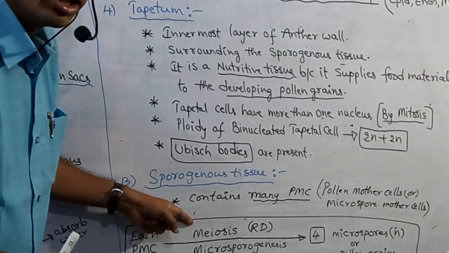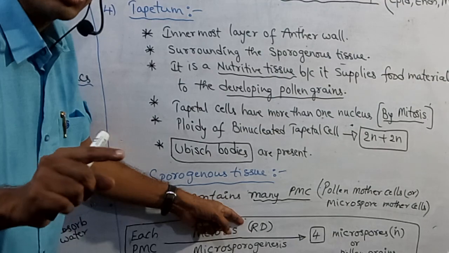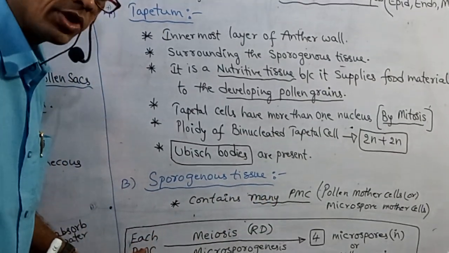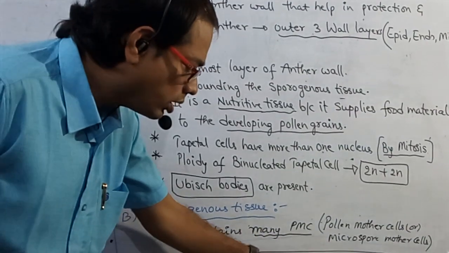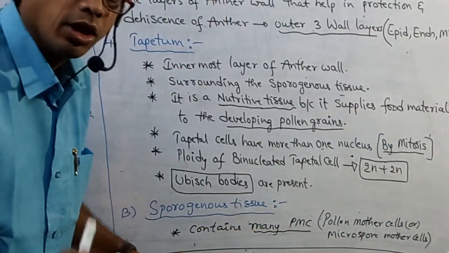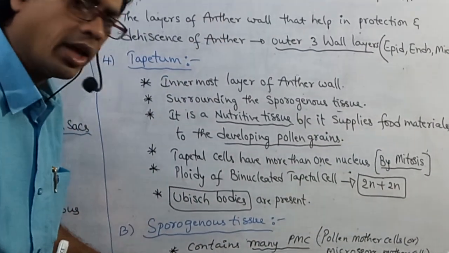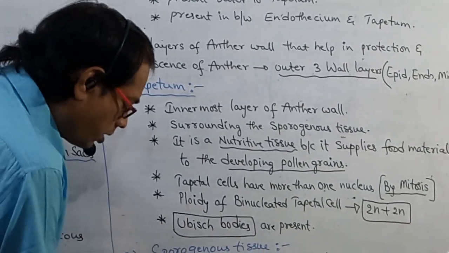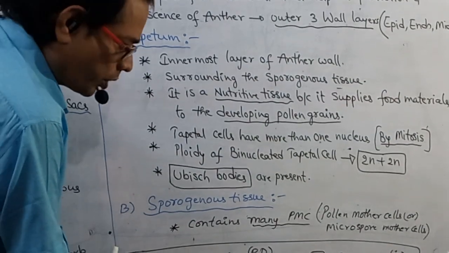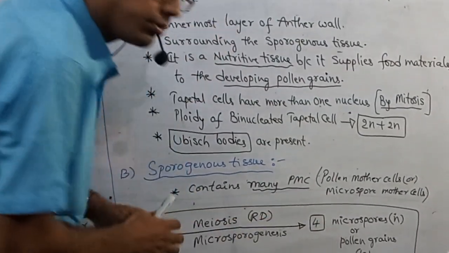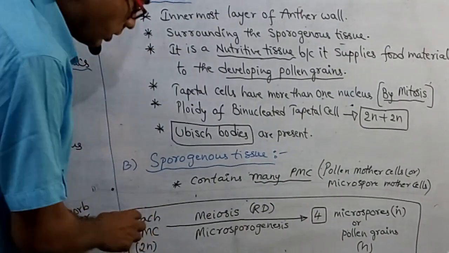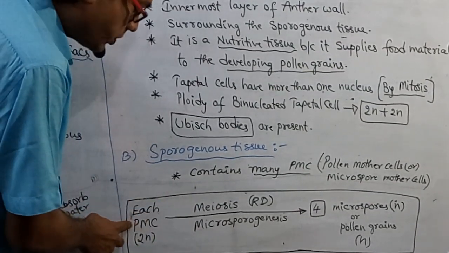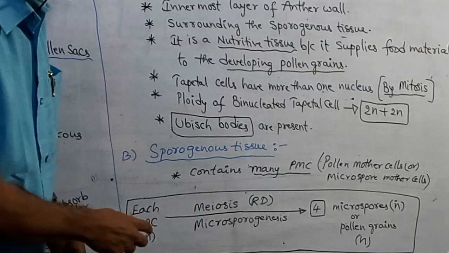Meiosis is also called reduction division, also called heterotypic division. One PMC will give rise to 4 microspores by undergoing one meiosis. So try to remember, my dear students, one pollen mother cell produces 4 microspores. One PMC undergoes one meiosis, that is, number of PMCs is equal to number of meiotic divisions.